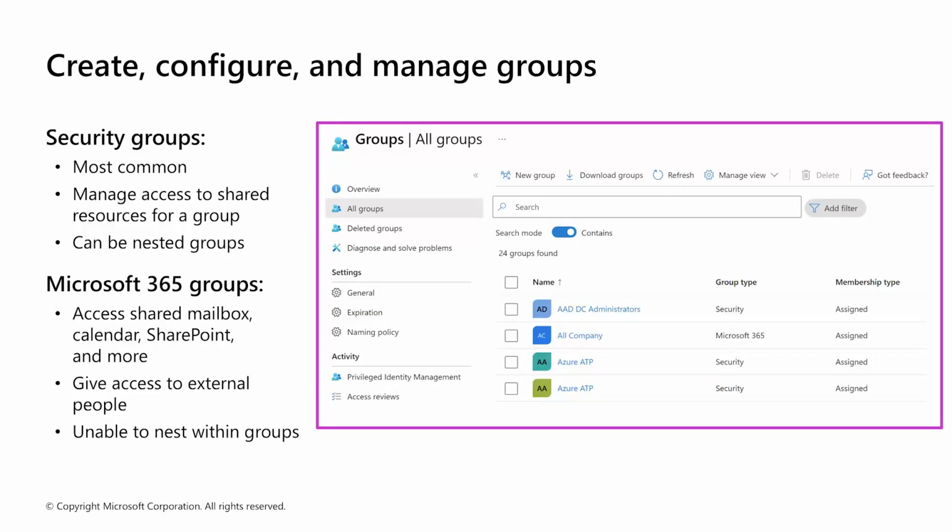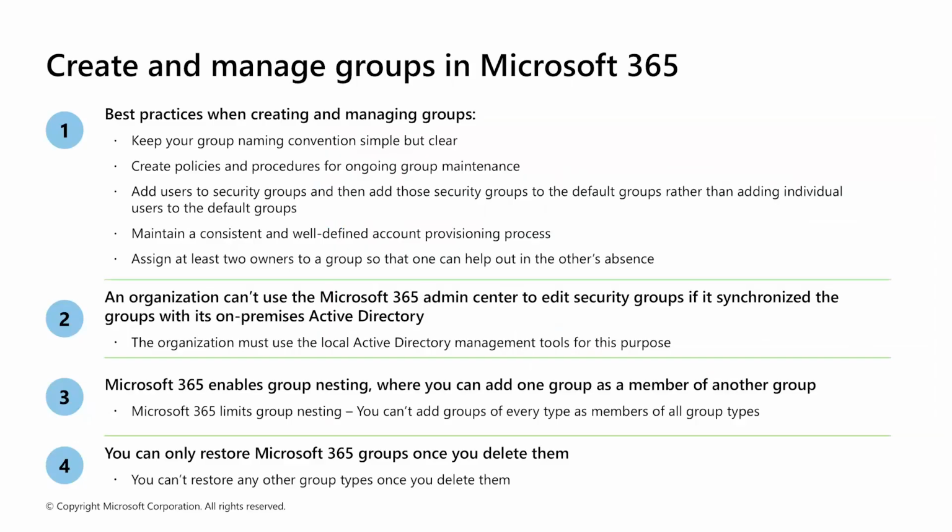If we talk about some best practices which we can follow when it comes to groups, here you can see, guys, this particular screen is trying to help you understand the best practices which you can follow when creating and managing groups. For example, naming convention reduces the confusion.